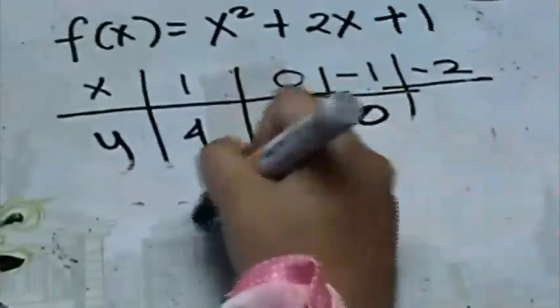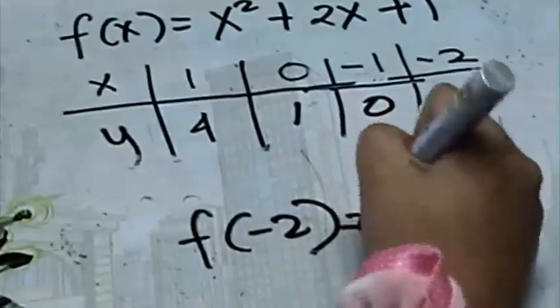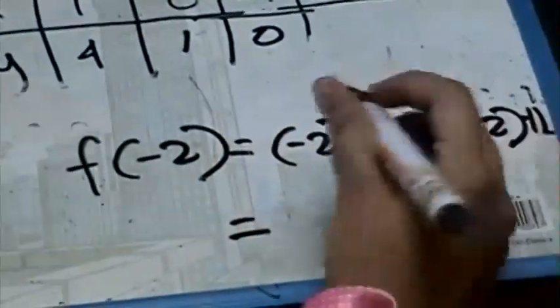And then we do the same thing for -2. -2 squared plus 2 times -2 plus 1 equals 4 minus 4 plus 1, which is equal to 1.